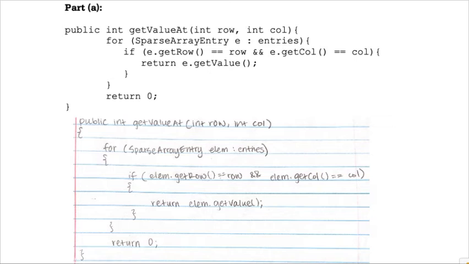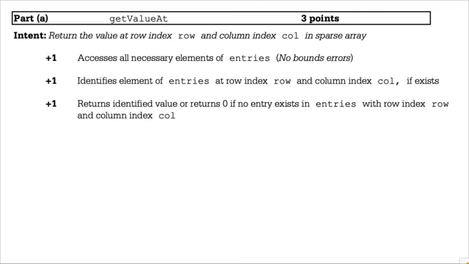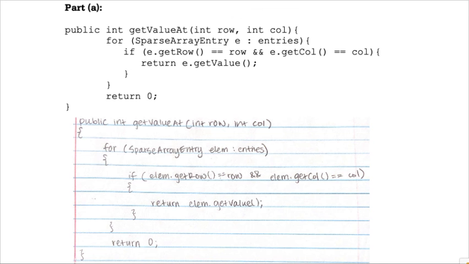So basically it's talking about right here, if you're returning the value when it exists. And then the third point is when you're returning 0 if there's nothing there. So it'd be this here.